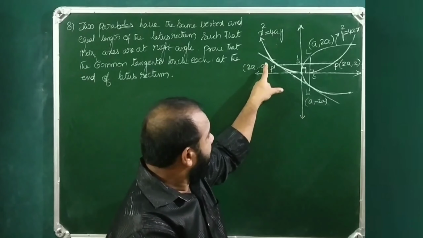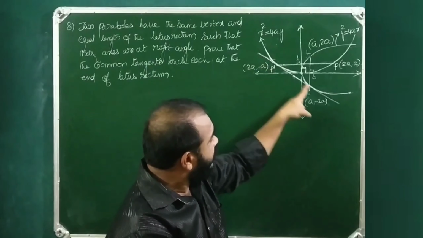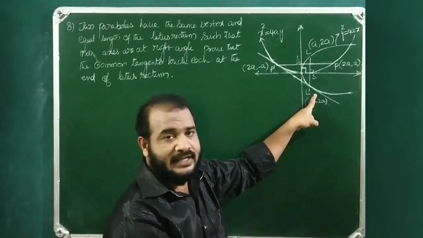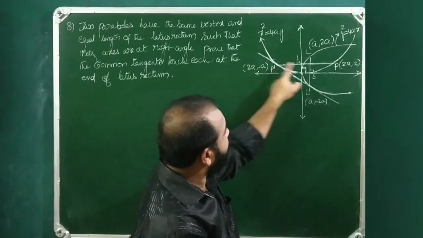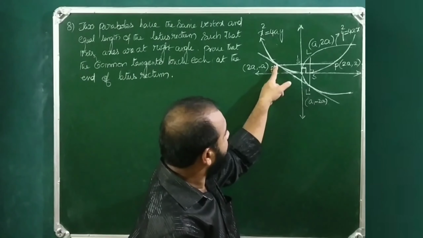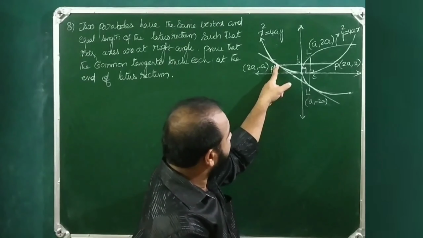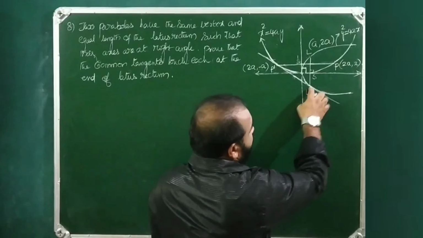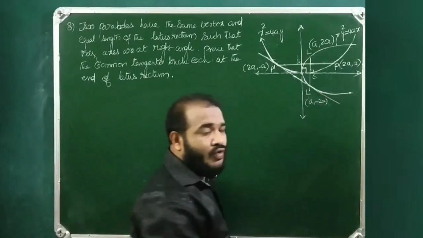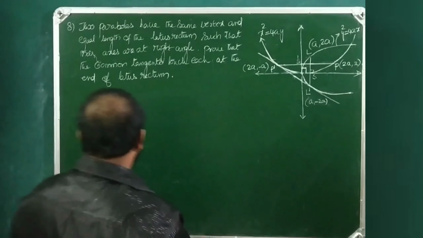So S1 equals to 0 for this and S1 equals to 0 for this should be the same, since it is a common tangent at the ends of the latus rectum. So this is the end of the latus rectum of x square equals to 4ay, and this is the end of the latus rectum of y square equals to 4ax is what we need to prove.